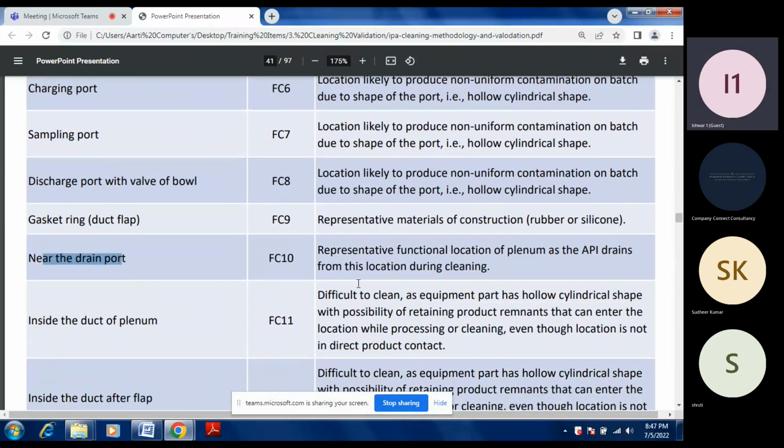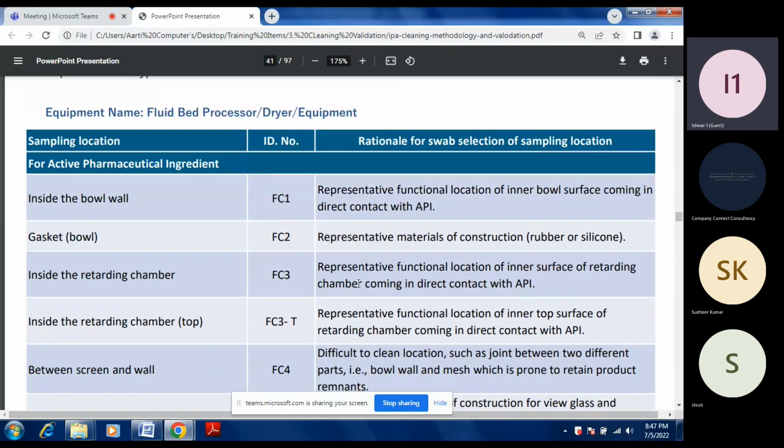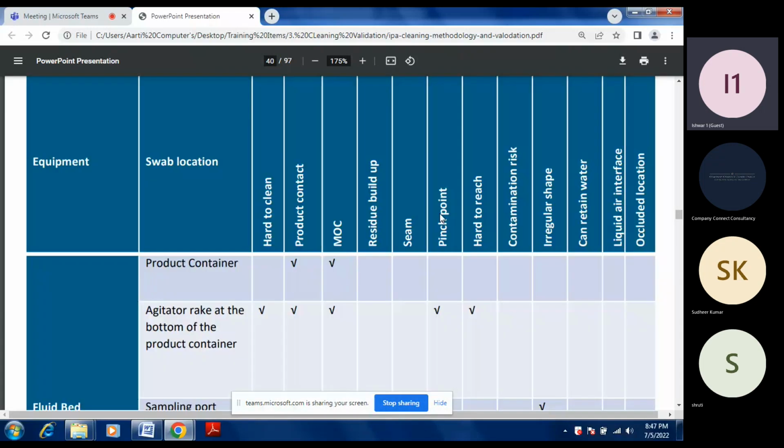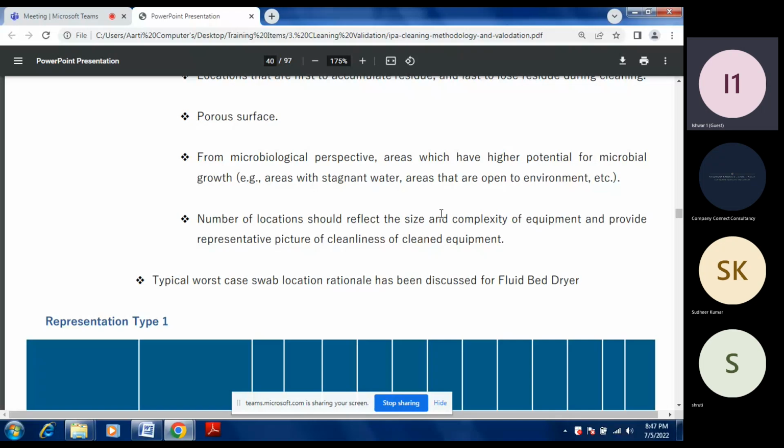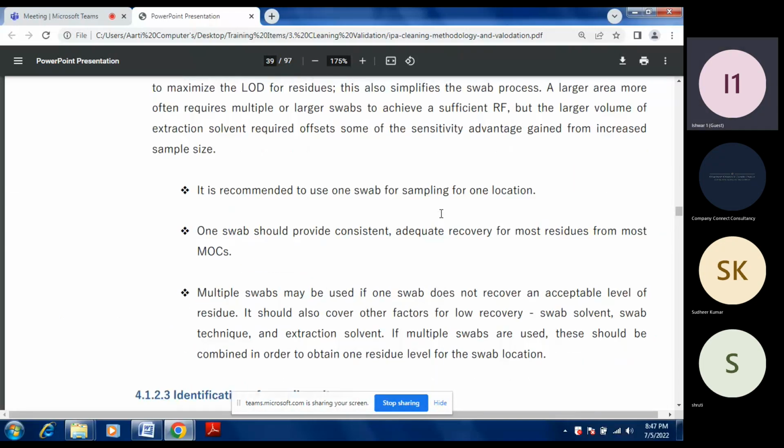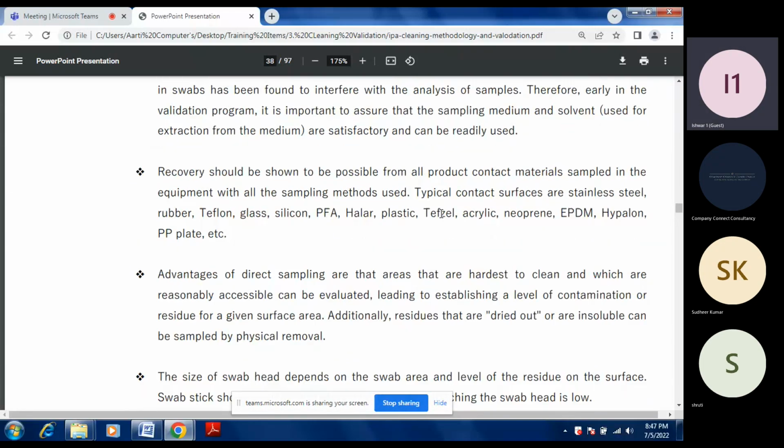These are the different locations of the equipment which are difficult to clean, so we have to collect samples from those areas. They also come under the part we have to cover during the risk assessment by failure mode effects analysis.